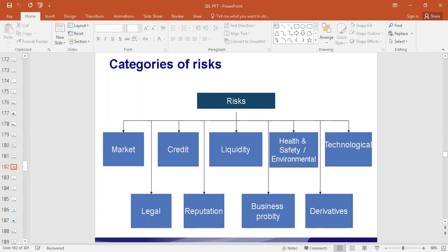Liquidity. The concept of liquidity is about converting assets, current assets, into cash. That's the concept of liquidity. See, there is investment made into fixed assets, and investment made into liquid assets.